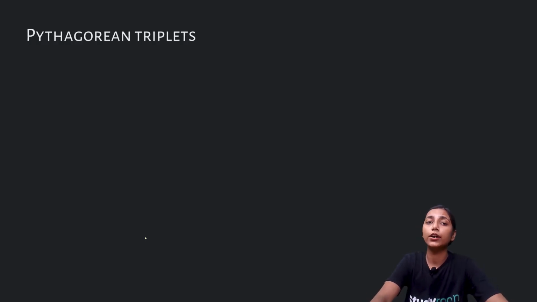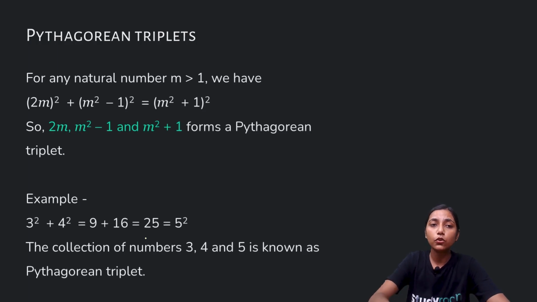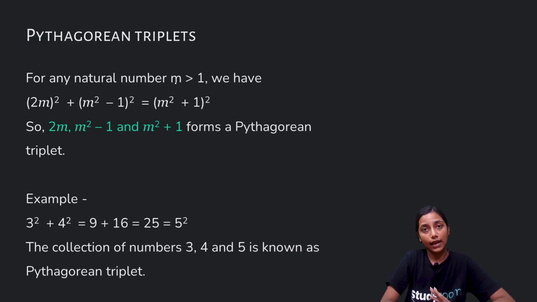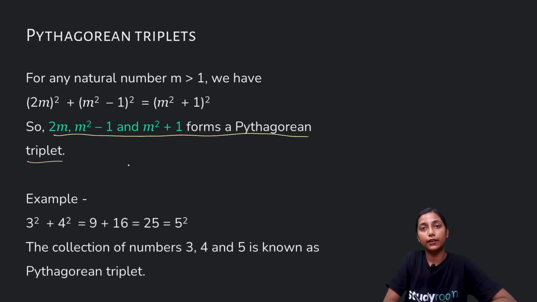Next comes Pythagorean triplets. So what does this say? That for any natural number m, say there is a natural number m that is greater than 1, we have (2m) square plus (m square minus 1) whole square, that is equal to (m square plus 1) whole square. So these 3 numbers, that is 2m, m square minus 1 and m square plus 1, form a Pythagorean triplet. So what are the Pythagorean triplets?